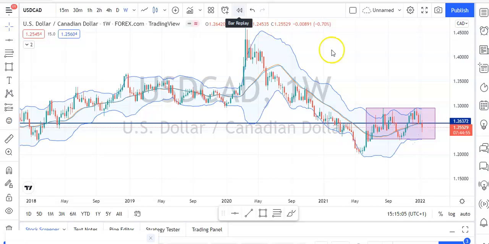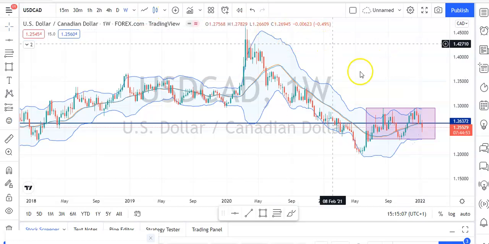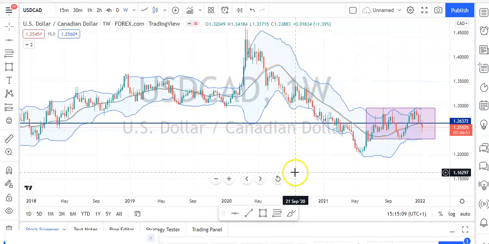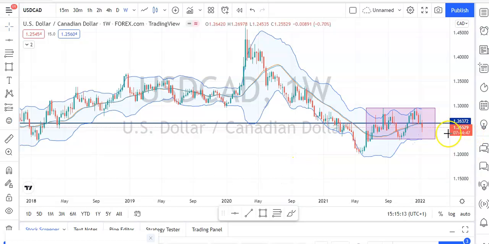So as at last week Friday, USDCAD closed at 1.25529. You can see here, and it looks as if the buyers started pushing the price back up because the price came down to this level, 24718 or so, and buyers pushed it back to this level to close at 25529.